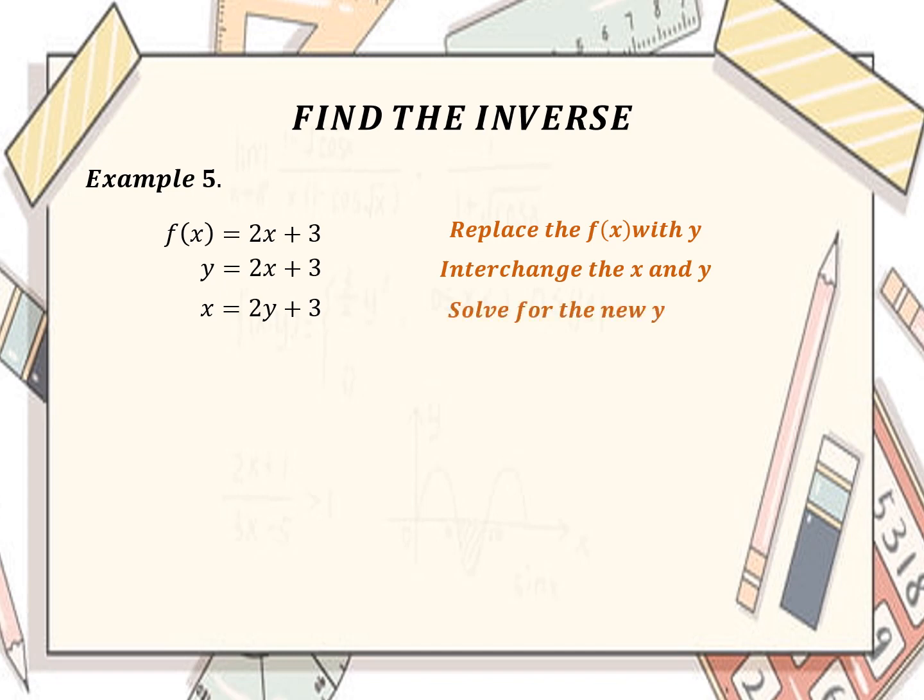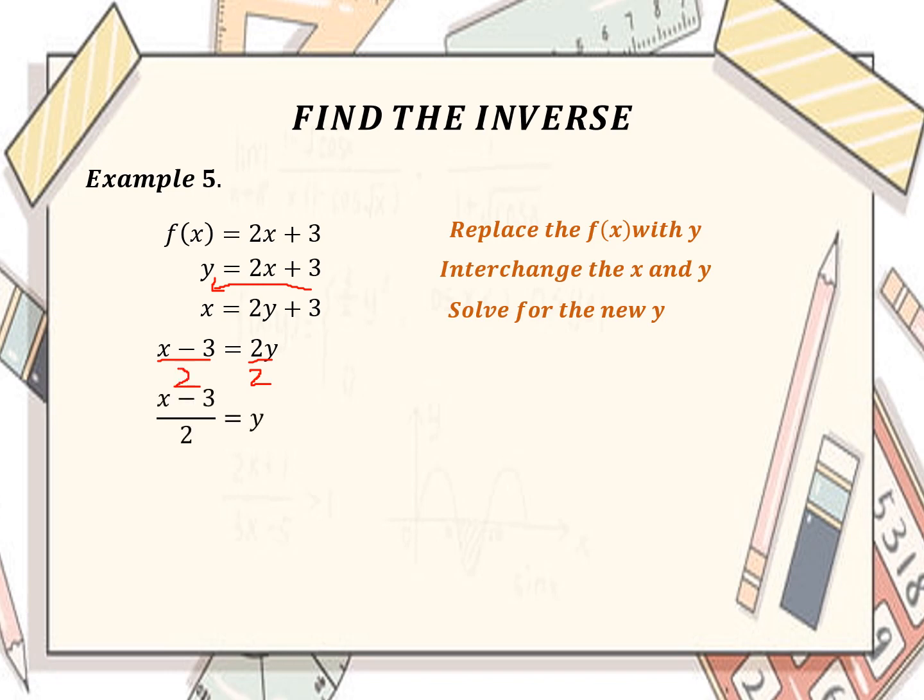So, next step is to solve for the new y. Kailangan y na lang yung matitira sa isang side. So, si 3, pwede natin ilipat dito sa kabila. So, magiging x minus 3 is equal to 2y. Then, divide natin both sides by 2. So, kapag dinivide natin yan both sides by 2, makakancel na yung katabi ni y na 2.